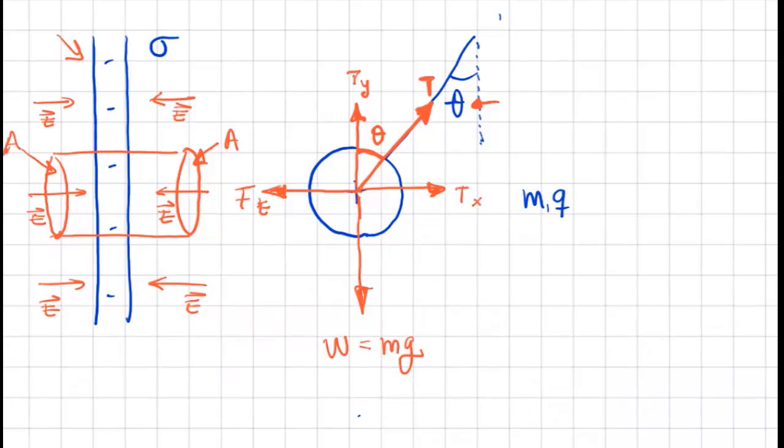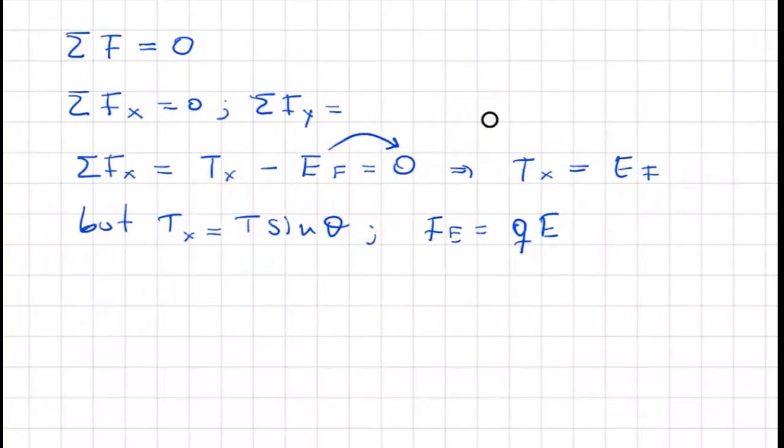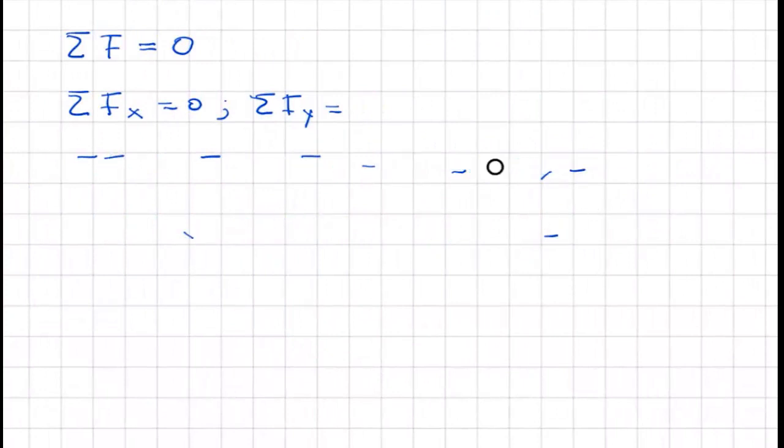If we remember, Gauss's law says that the electric flux is equal to the electric field multiplying the area, and that's equal to the charge enclosed by the Gaussian surface divided by epsilon 0.